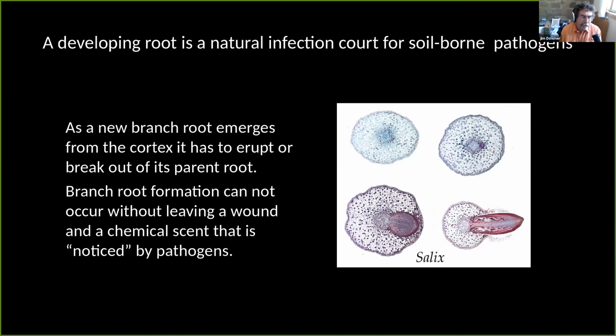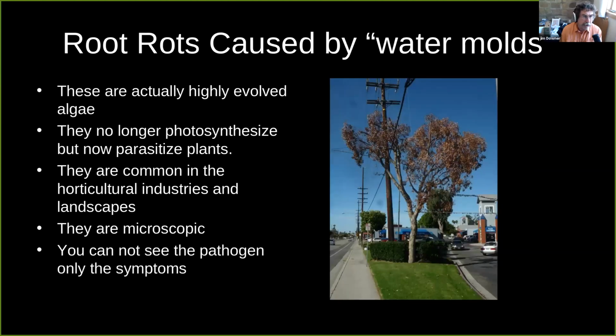So let's talk about root rots caused by water molds briefly. Water molds are not fungi. That's the first thing you should be aware of. They're like highly evolved algae that don't have chlorophyll anymore. And they are very common. Phytophthora is worldwide. We think about 500 species, and I'm not sure how many have been found yet, maybe around 200.